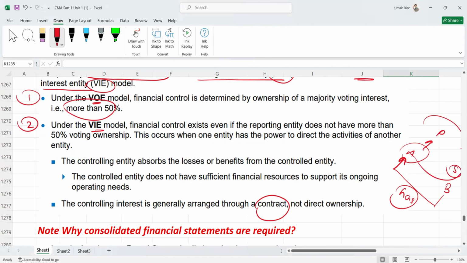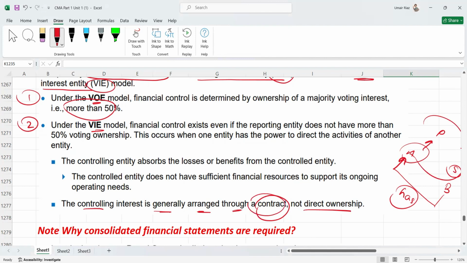And please remember, here we go, let's have a look. They're saying that the controlling interest is generally arranged, like the parent controlling the subsidiary, but this is arranged through the contract, not through direct ownership. Not through direct ownership means maybe the parent does not have more than 50% of the voting rights, but still the parent has control over the subsidiary.